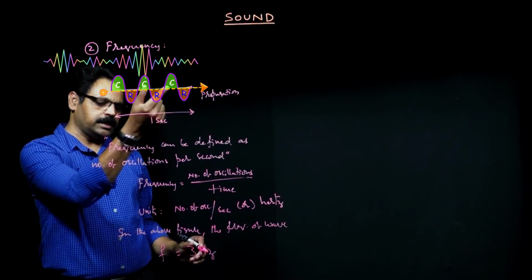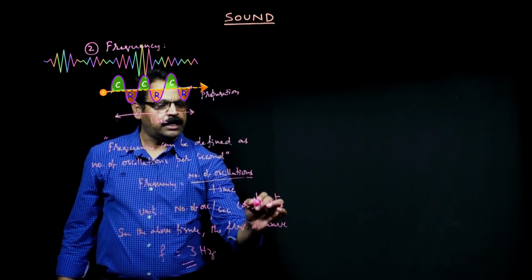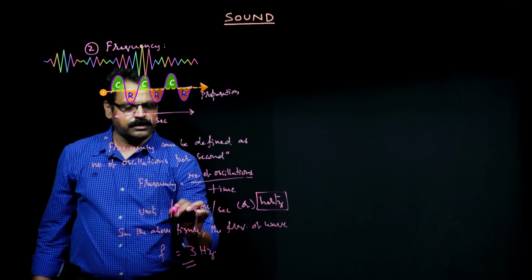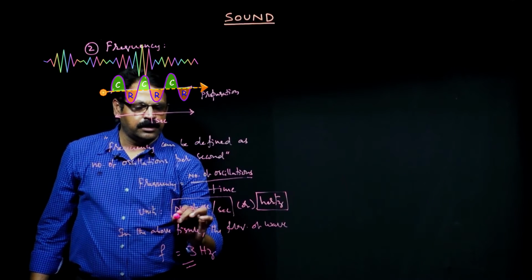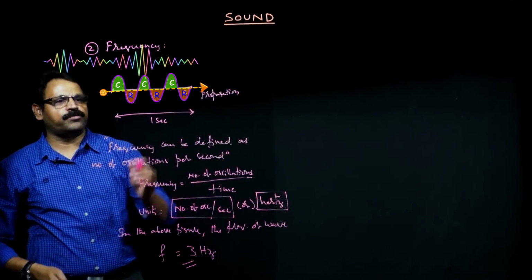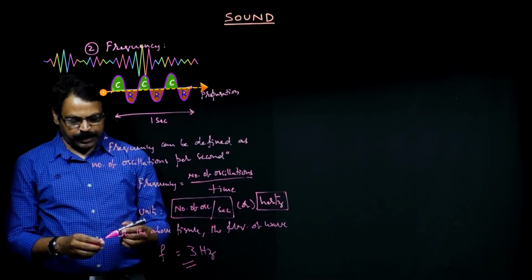So you can take Hertz as the unit, which is nothing but number of oscillations per second. So frequency can be defined as how many oscillations a wave makes in unit time.